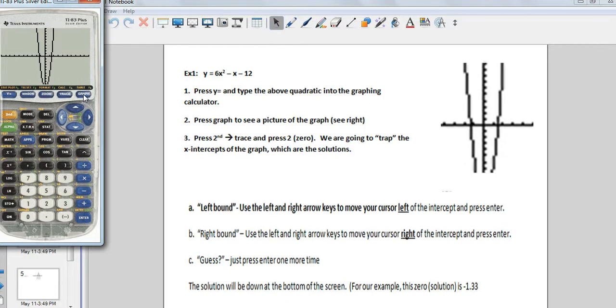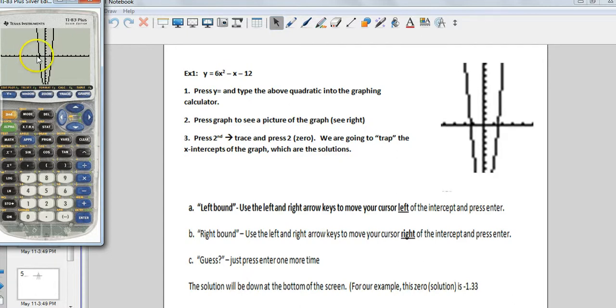Now, to find the zeros, that would be where this guy crosses the x-axis. They're probably not nice, lovely numbers. They're probably decimals. Well, they are decimals. So we're going to use our calculator to figure out how to find those numbers.